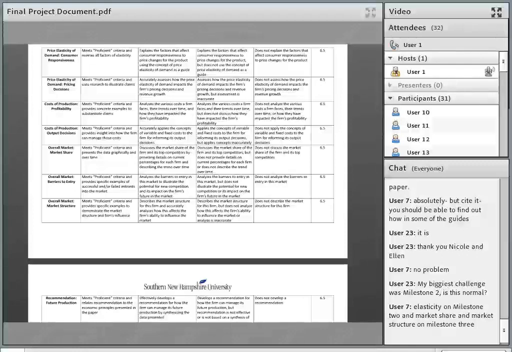The next one is the market share one. To get exemplary, it's asking you to present the data graphically and over time. It's common that students will do one of 2 things. They might show a pie chart of market share. So you've got your company and their top competitors, and you use a pie chart, which makes perfect sense, to show the breakdown of each company's share. But you'll notice that the exemplary column asks you to show the data graphically, which you've done, and over time.